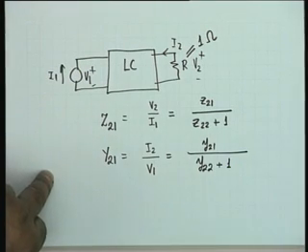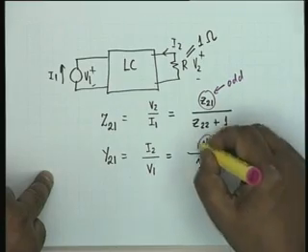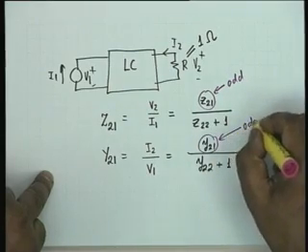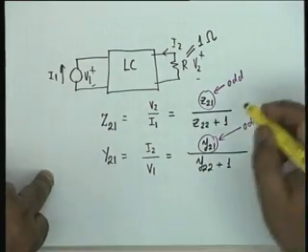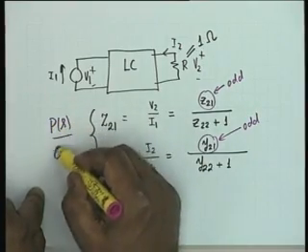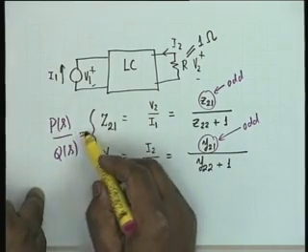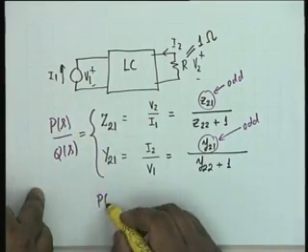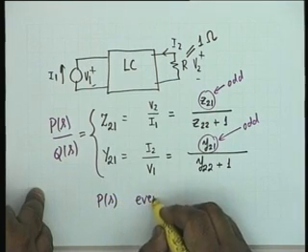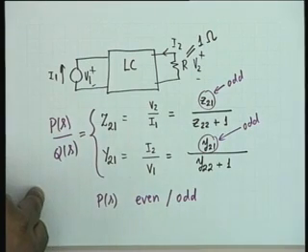We argued yesterday that because LC parameters are odd, Z21 is odd, and so is Y21. Therefore, if either of them is given as P of S by Q of S, then the numerator polynomial P of S must be either purely even or purely odd.